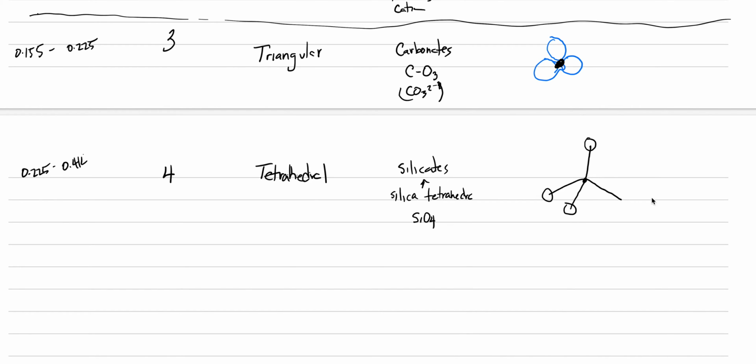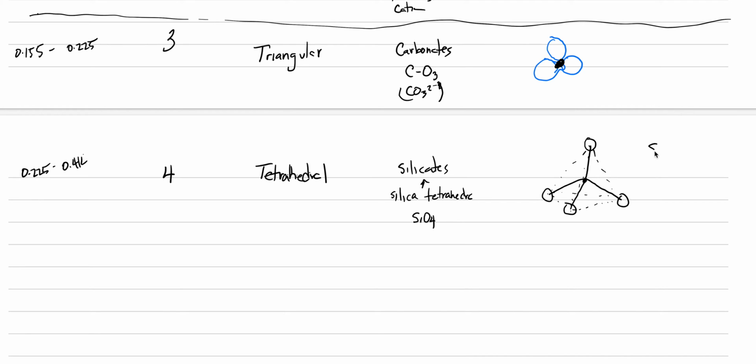Okay, so here's our oxygen anions surrounding that, and we could draw in probably the shape here of this, because a tetrahedron is a shape of 4 triangles, right? So there's one triangle, the triangle on the base, the triangle on the side, and then the triangle on the back. All right, so this would be a silica tetrahedron.